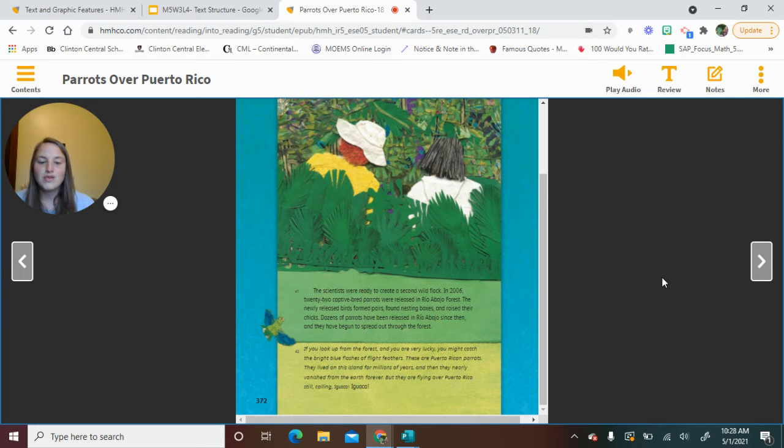If you look up from the forest, and you are very lucky, you might catch the bright blue flashes of flight feathers. These are Puerto Rican parrots. They lived on this island for millions of years. And then they nearly vanished from the earth forever. But they are flying over Puerto Rico still, calling Iguaca, Iguaca.